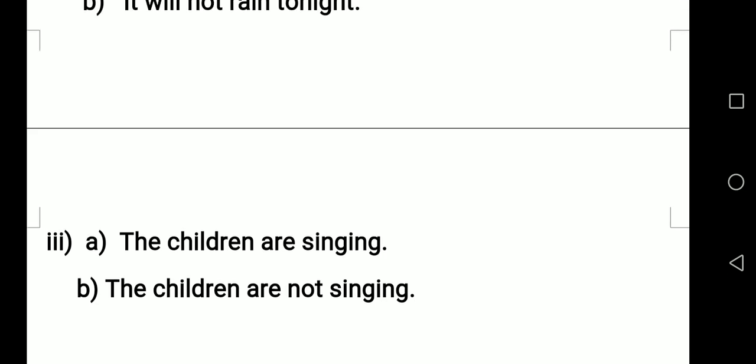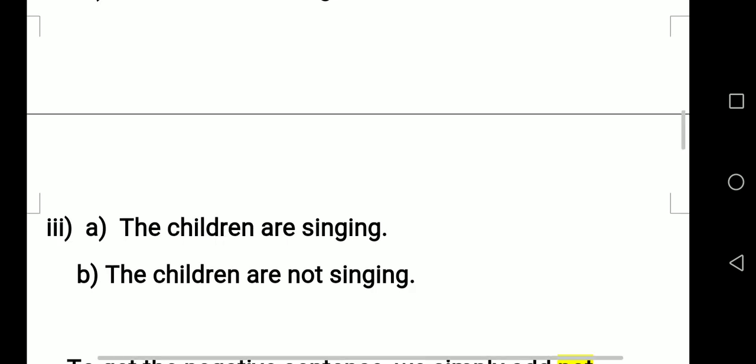These B sentences are negative sentences because we have added not immediately after the auxiliary verb have, will, and are. So in doing this, we have made these sentences contrary or the opposite of the A sentences.